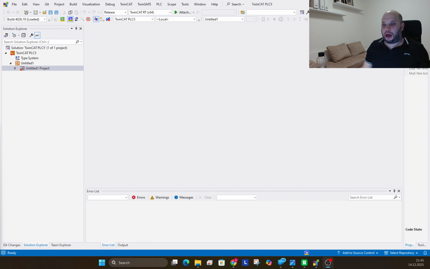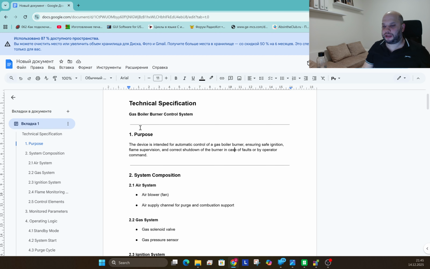But okay, I already did some short documentation on how it should work. Let me check this. So here it is: technical specification, gas boiler burner control, purpose.